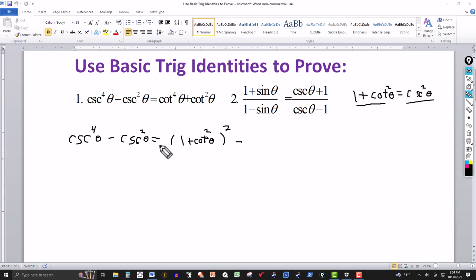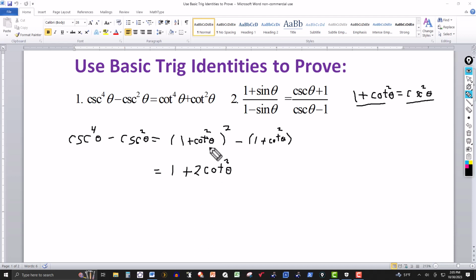So for this cosecant squared, I'm going to replace it by using this identity here, 1 plus cotangent squared theta. Replacing this one here again, that's cosecant squared, and then it's squared. And I just square that. Square the first term, that's 1, plus double that product, that's 2 cotangent squared theta.